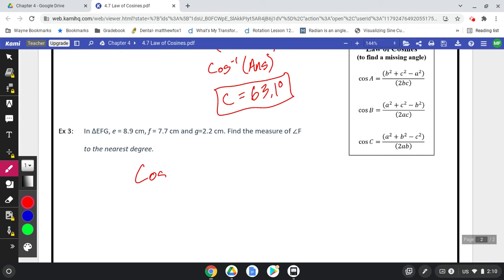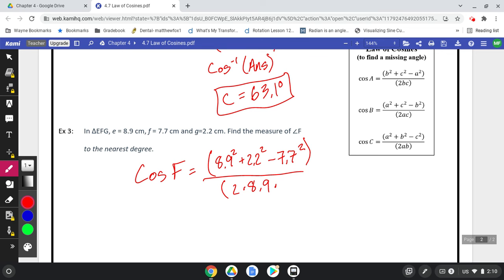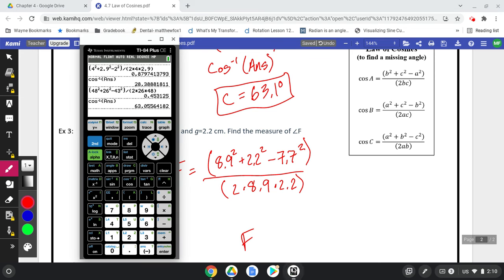So cosine of F, follow the same rules. 8.9 squared plus 2.2 squared minus 7.7 squared. All of that divided by, on the bottom, it's always 2 times those first two. So 8.9 times 2.2. And then we'll take the inverse cosine of that and find what F equals.